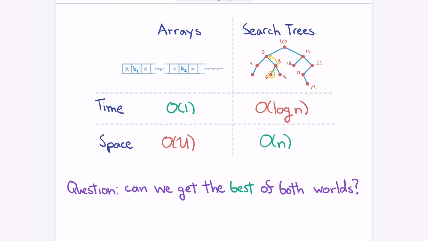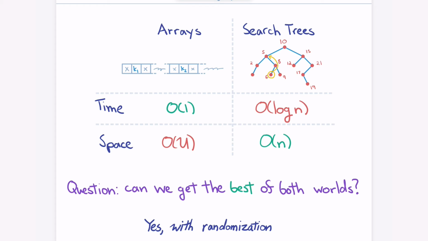Okay. And so the big question that we're going to address this lecture is, can you get the best of both worlds? Okay. Can you get constant time and linear space, or constant per item space? Okay. And so the answer, as you have probably anticipated, is yes, but with randomization.